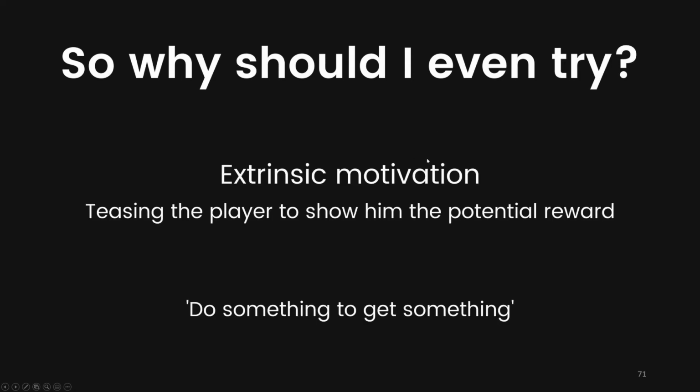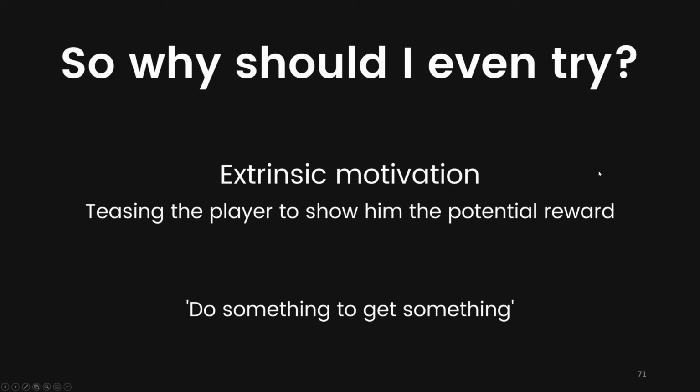So we need to ask ourselves when developing a game, why as a player should I even try to get something? There are two different ways for the player to be motivated about achieving something. The first way is extrinsic motivation, which is just teasing the player by showing him the reward.